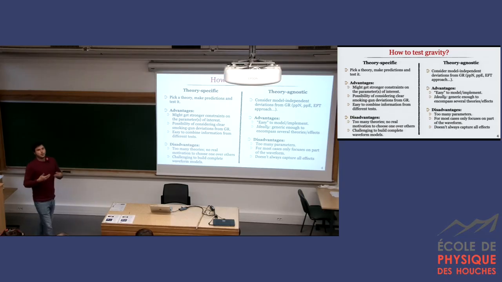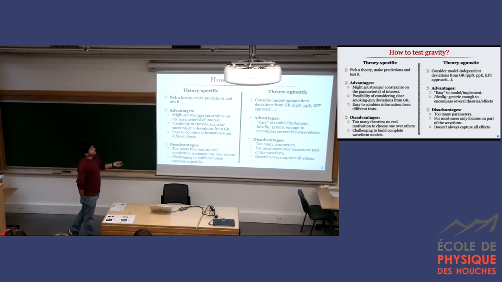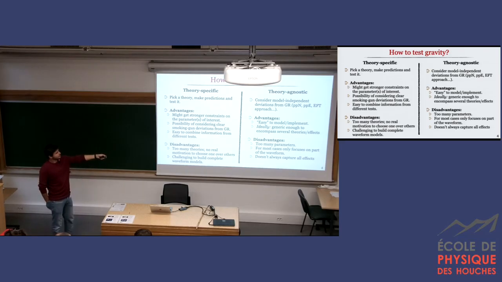So right now, most of the tests that you might see, for example, in LVK papers are what we call theory agnostic, where you consider model independent, or at least sort of model independent, deviations from GR. Suzanne already mentioned the PPN, the parameterized post-Newtonian approach, which is mostly used for solar system tests.